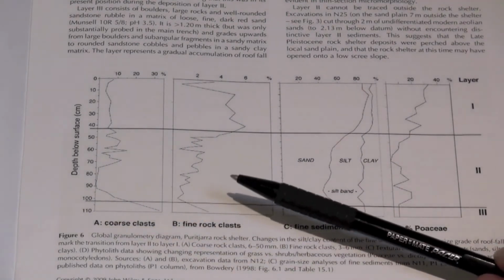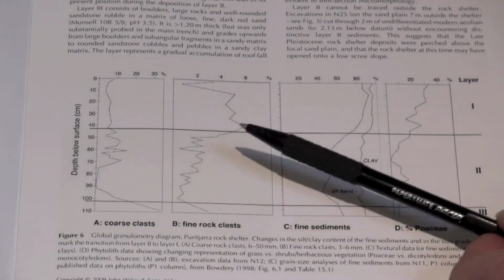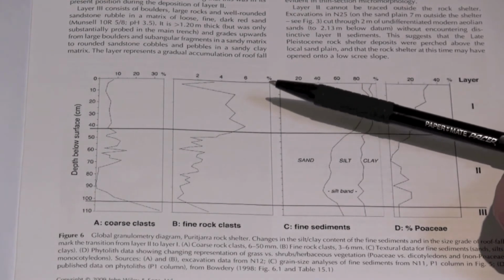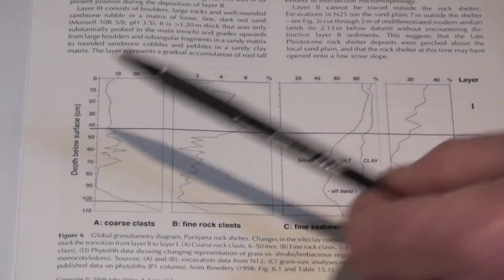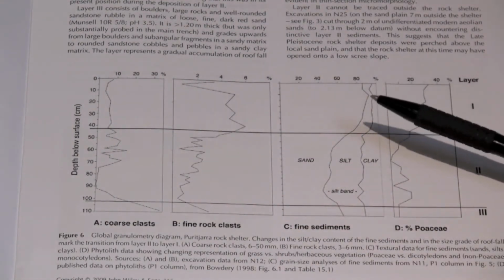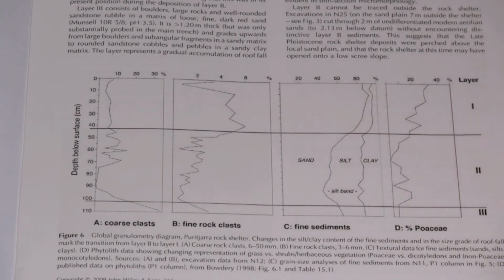The size of the rocks change. You get a lot more fine gravel, you get a lot less large rockfall, you get a change to a much more sandy deposit, and a great increase in the proportion of grass. So you've got a whole range of changes here that relate to the changing local environment of the rock shoulder. But it's the ability to compare across these different materials that makes these diagrams useful.